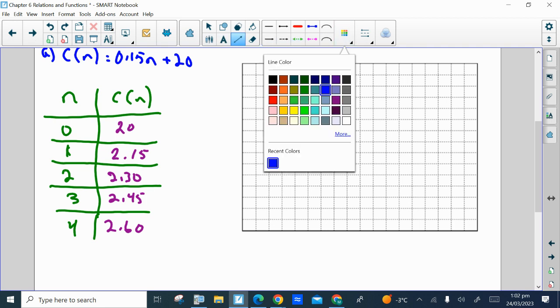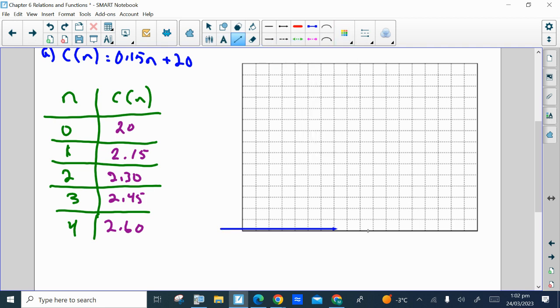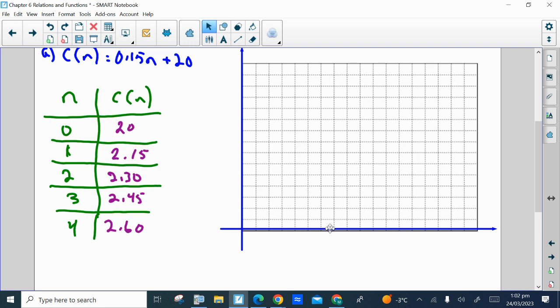So we looked before at graphing, and we had to clearly show where our axes are. So that's the first thing. You have to label the axes, and remember that the first thing in the table, that's your independent variable, goes on the bottom.